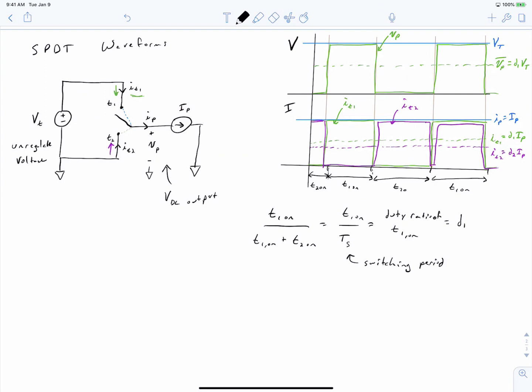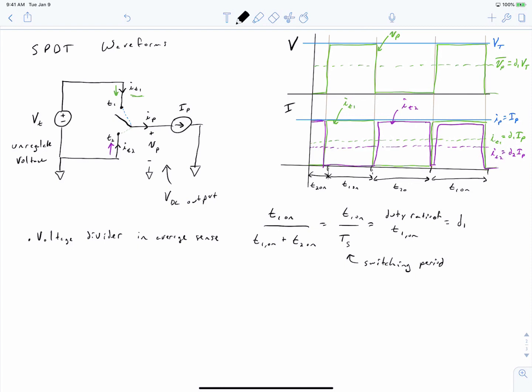Okay, so what can we conclude about this operation? Well, we can say that this single pole double throw switch is behaving like a voltage divider, but only in the average sense. The instantaneous pole voltage is always either at 0 volts or at the throw voltage.